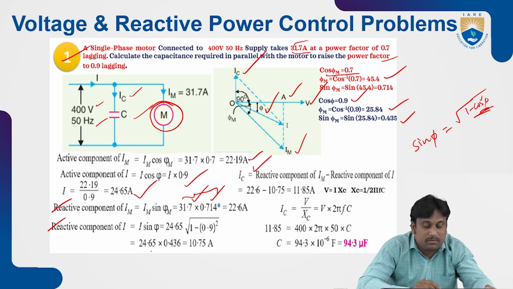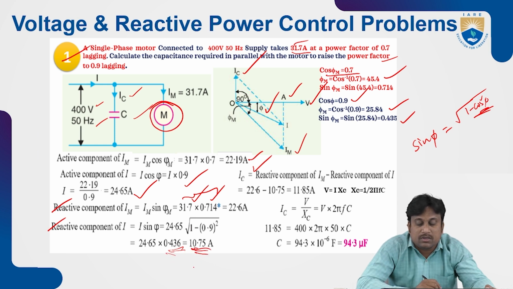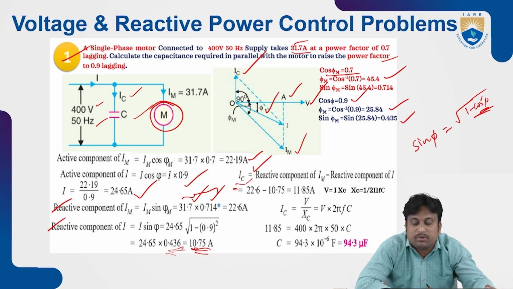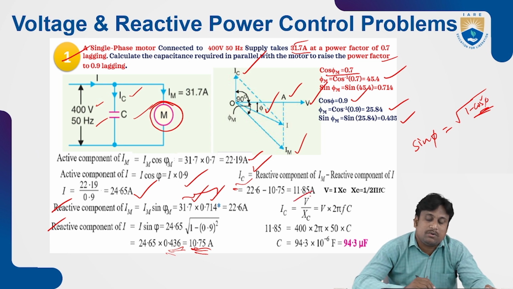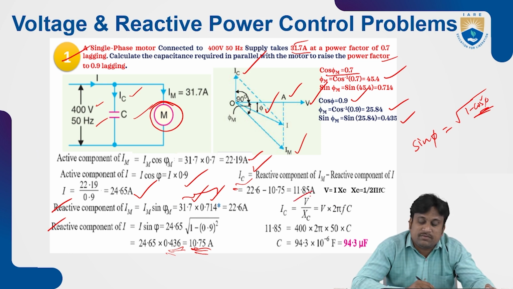So I is 24.65 and with 0.436 this becomes 10.75 amps. So IC is the reactive component of Im minus this. So the reactive component we obtain is 22.6 minus 10.75. That gives about 11.85 amps.